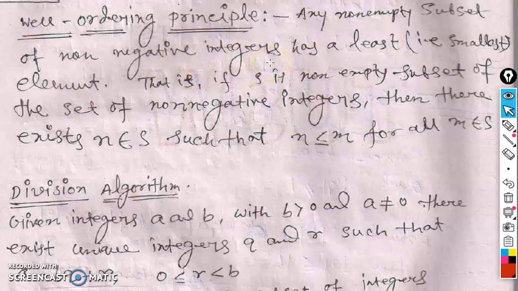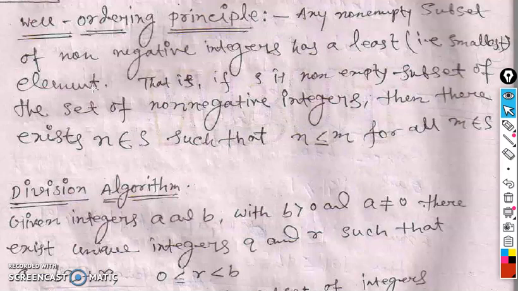If we consider the non-negative integer set, that is 0 1 2 3 4 5 6 7 8 9 10, if we consider this set, it has a least element, a smallest element inside it. We have already learned the definition of the least or smallest element in a previous lecture.